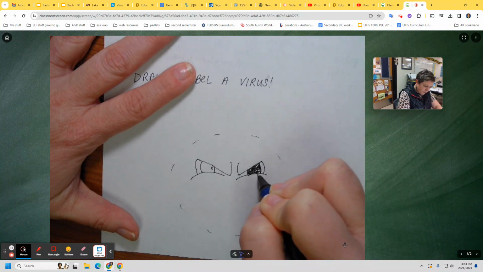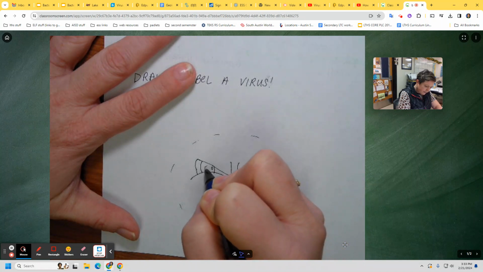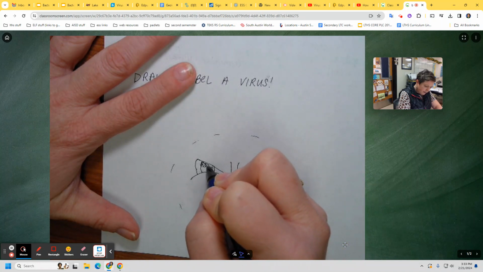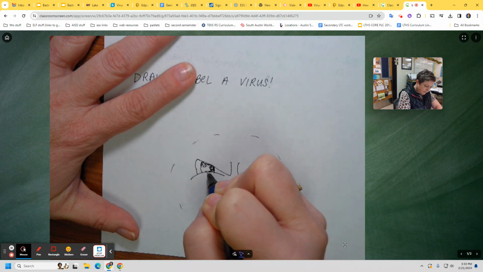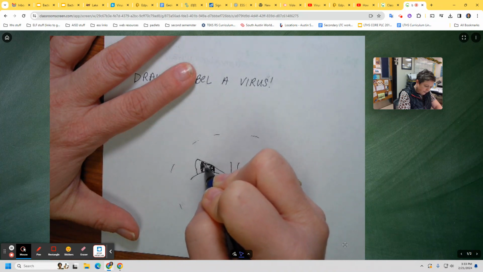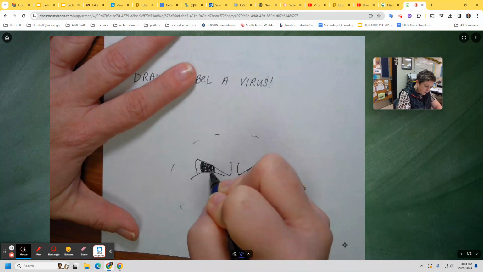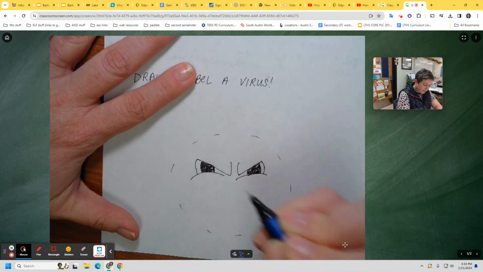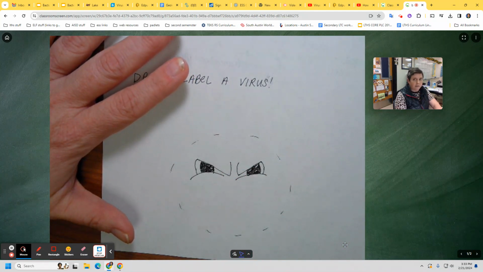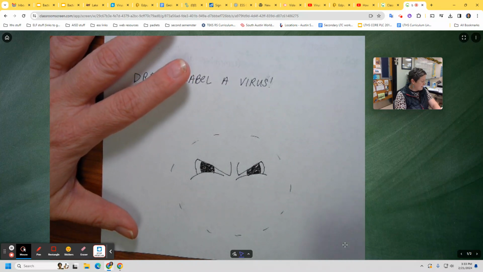So we're giving him some real mean looking eyes because viruses make us sick. They are kind of mean. They're not really mean. They're just trying to survive and pass on their genes like every other thing. They're not even living things.